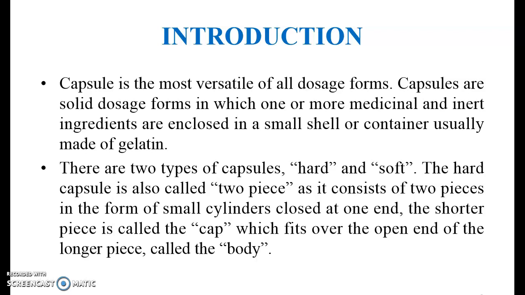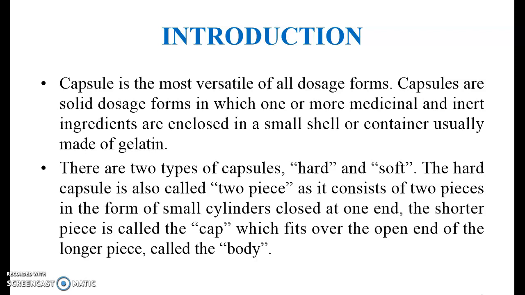This capsule is filled with the granules and powders. Soft gelatin capsule is only one piece, meaning the filling and sealing of the liquid or semi-solid is done in one machine or one process, so there is no leakage, no damage, and no wastage of our liquid and semi-solid preparation.